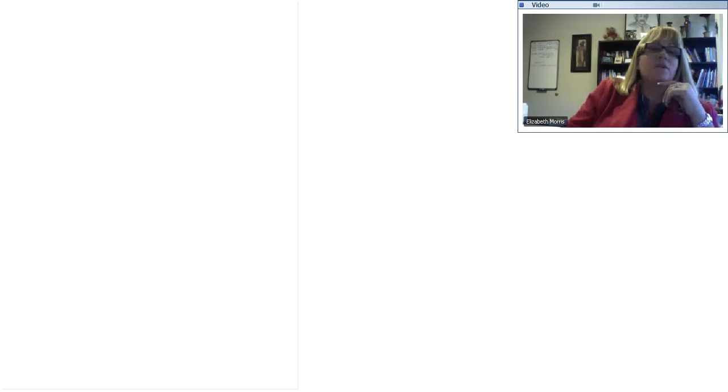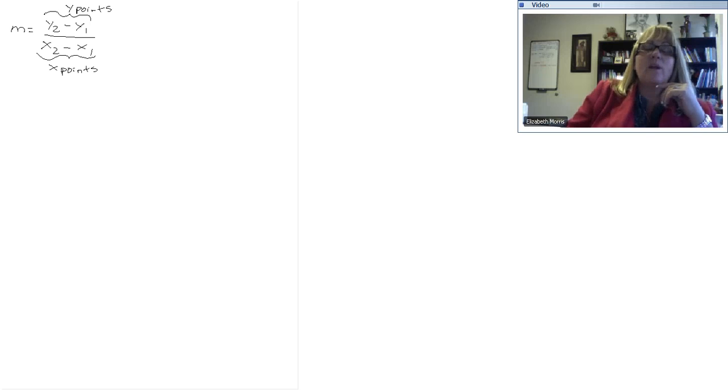So we use this formula, M equals Y2 minus Y1 over X2 minus X1, where these are just a set of Y points, and these are just a set of X points. Now we know we don't get them that way when we get a set of points.